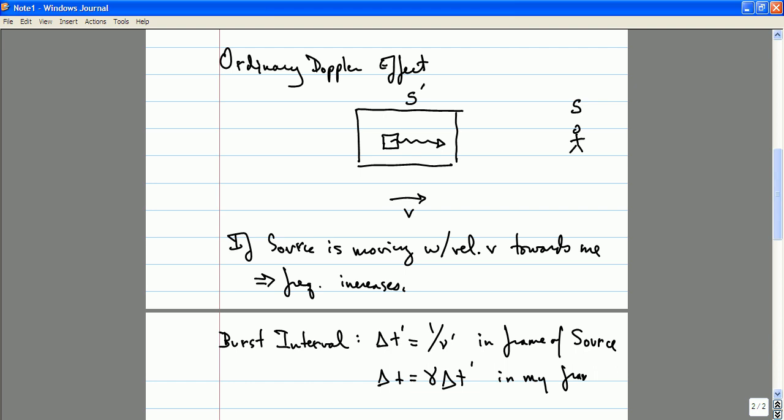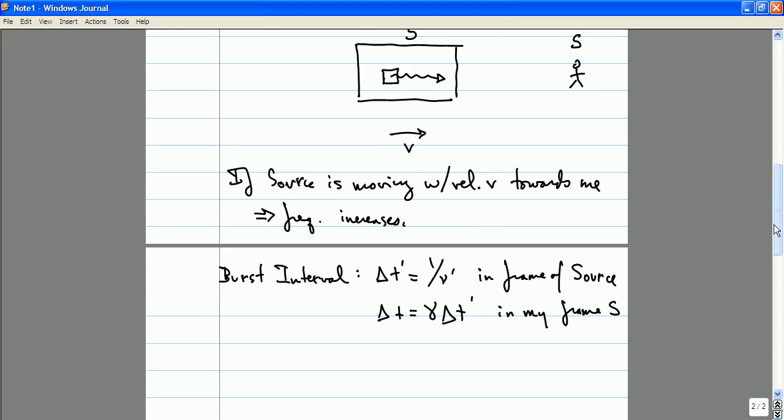So in my frame, S. Okay. But we're interested in understanding the time interval between the receipt of bursts from the signal, from my point of view, not the time interval between the emission of bursts from the signal. So we need to take into account the fact that both the light and the source are moving in order to calculate the time difference between the receipt of bursts of light from my point of view. Okay? Is that clear? Any questions?